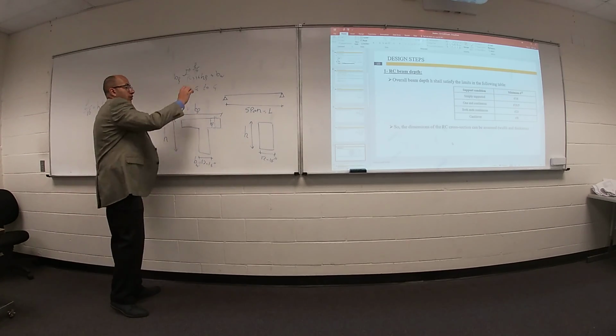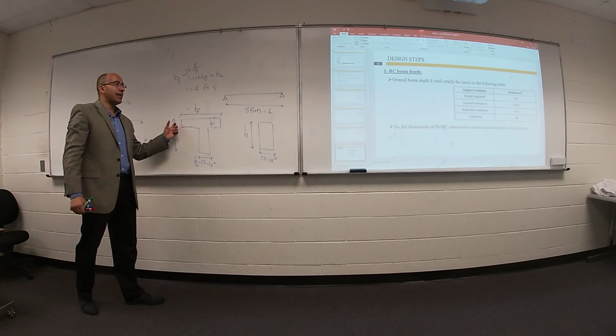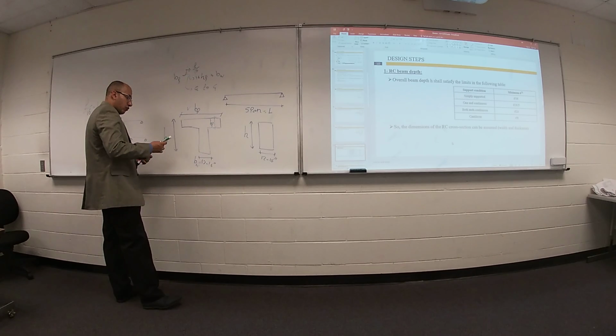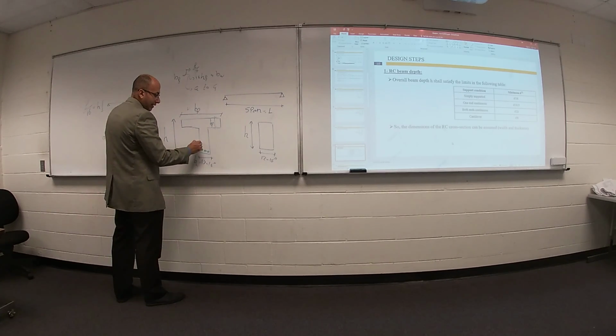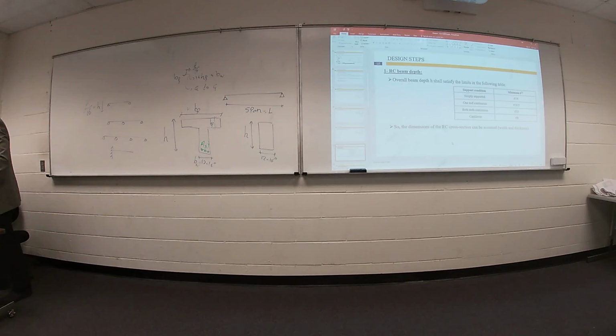So I can figure out the value of B flange. So right now, your concrete dimension is known. We would like to know what the area of steel is, or we can assume the area of steel, and what the design moment of resistance is.